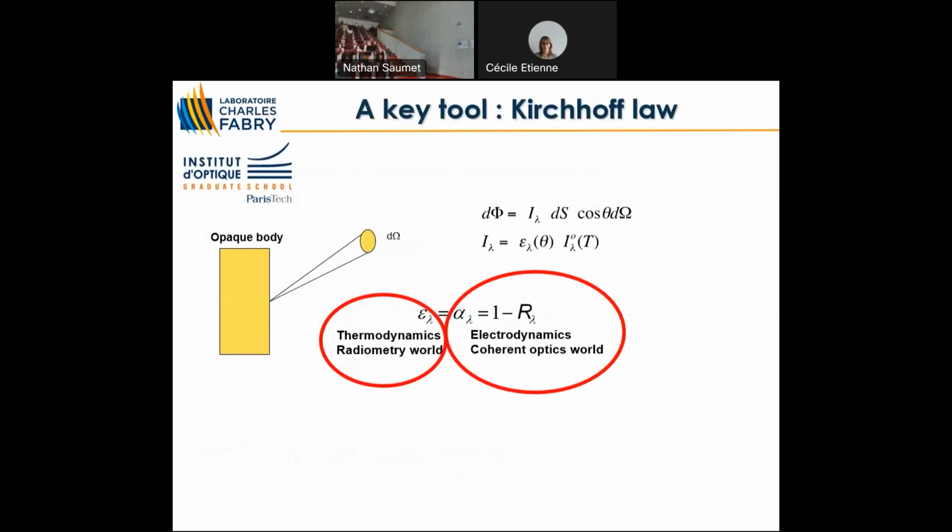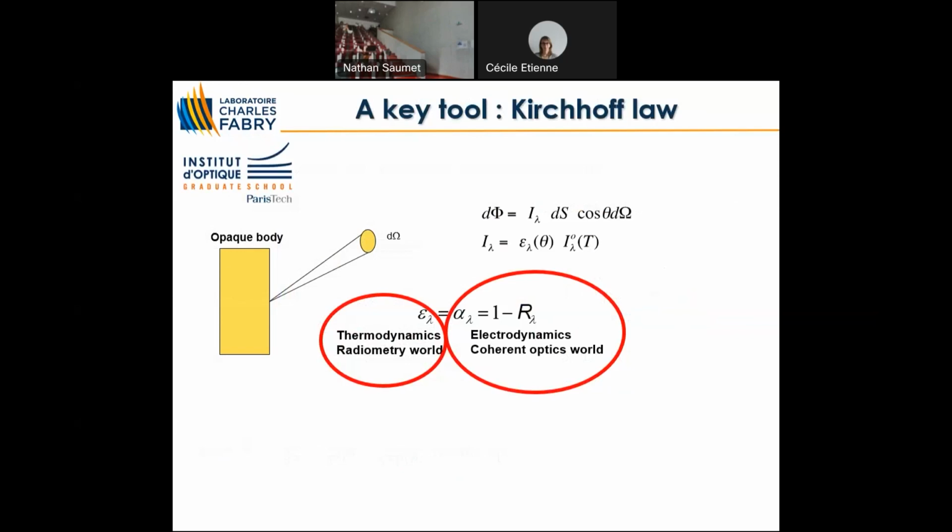But when you look at it, you have essentially energy budget conservation, plus at some point you need to invoke reciprocity, the Helmholtz reciprocity theorem. Helmholtz reciprocity is an electromagnetic property that tells you that if you have a source here and the detector there, and you exchange them, in this room, in a complex environment, then you get the same thing. You can exchange source and detector.